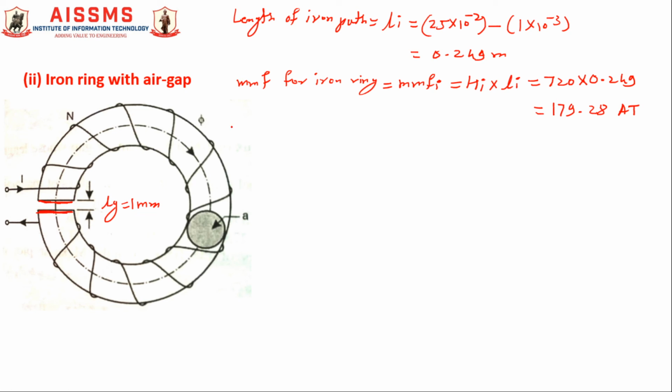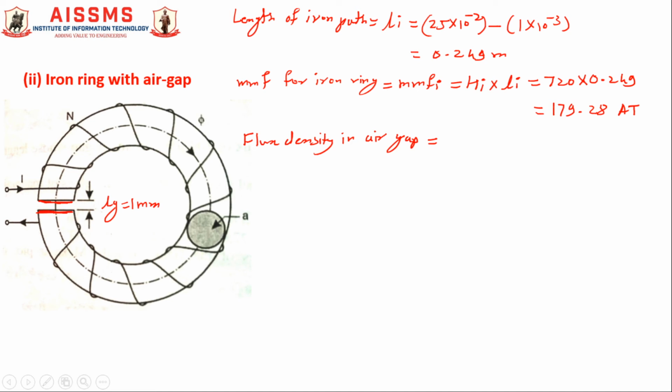So let us find out flux density in the air gap. Bg is equal to, now according to the given problem, phi remains the same and area is the same.